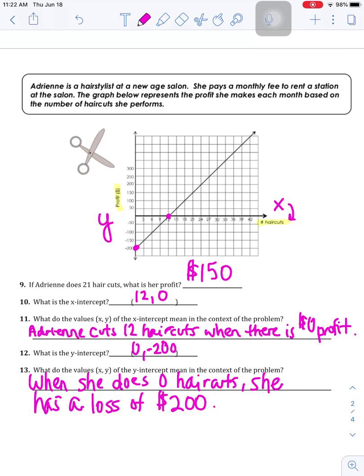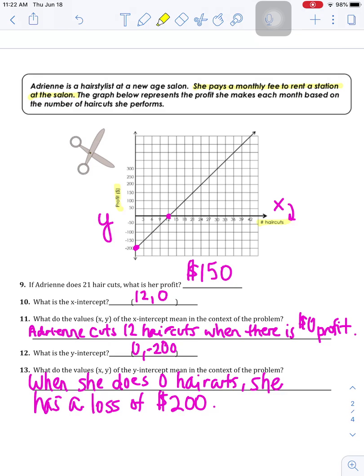Now, in the real world, we want to think about, what does that represent? What is this loss of $200 if she's not cutting anyone's hair representing? Well, if we go back and look at the problem, it says she's a hairstylist, and it says she pays a monthly fee to rent the station.